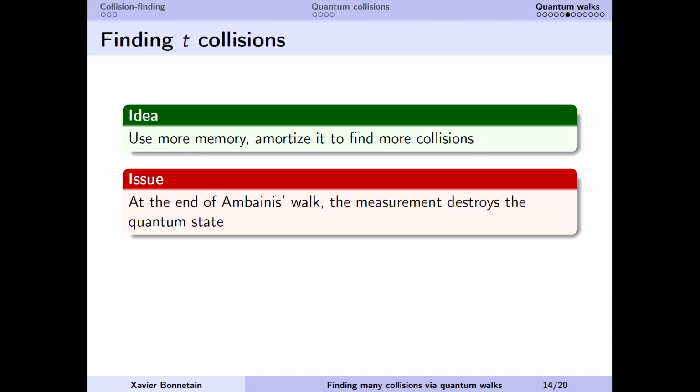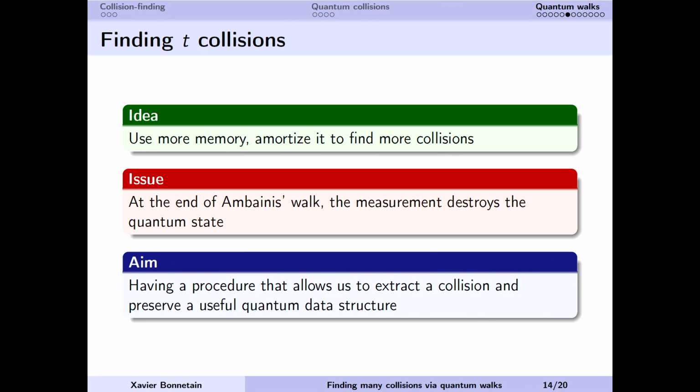And if we do so, we destroy the quantum state, so we cannot reuse this quantum memory. We would have to reconstruct it, which is not efficient. And so our aim in this work is to have a procedure that allows us to extract a collision from the output of Ambainis' algorithm and still have a useful quantum data structure that will allow us to extract more collisions afterward.